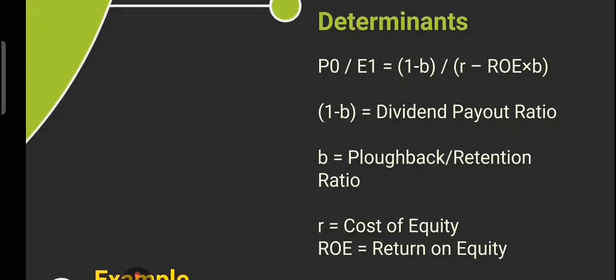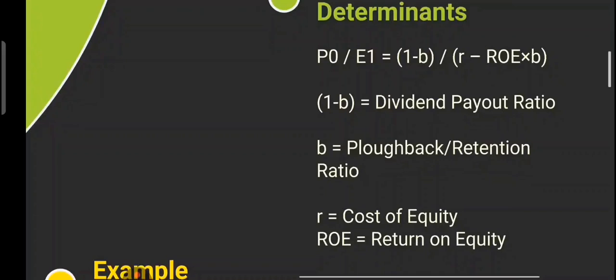And what is b? b is called the retention ratio, or plowback ratio, and r is called cost of equity, and ROE is return on equity. The formula clearly shows how to value a company's stock, right?